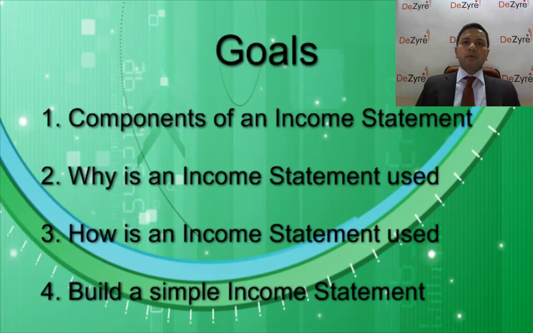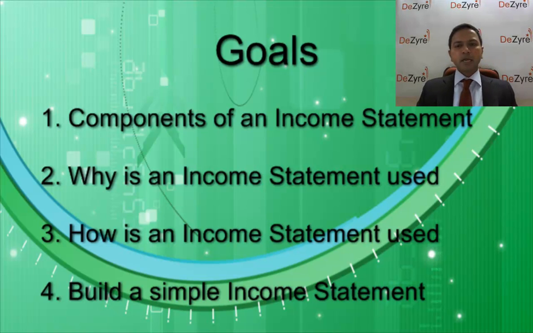So now, hopefully, you have a fairly good hang about what an income statement is all about, the different components of an income statement, why it is used, the different terminologies used, and you even know how to build a very basic income statement.